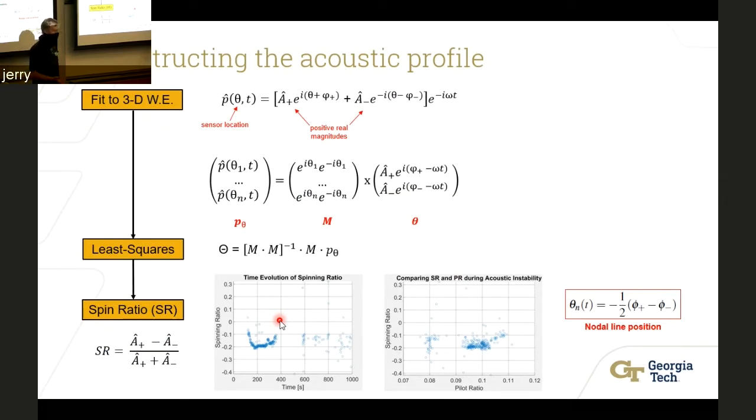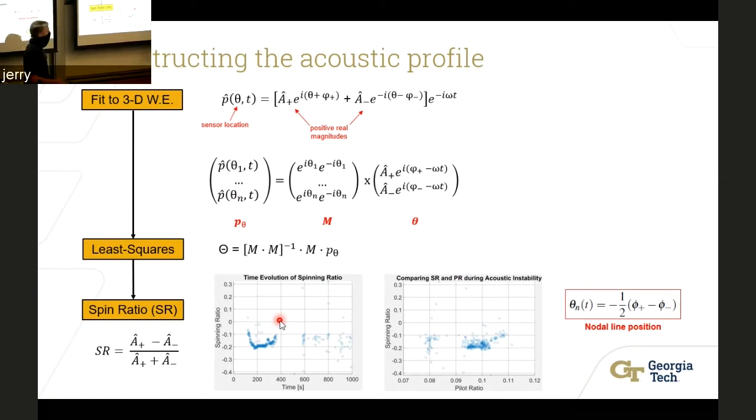The spin ratio, going one direction versus the other, is the ratio of the difference of the 2 coefficients over their sum. Based on its value, you can determine whether it's clockwise or counterclockwise: it'll be +1 if it's clockwise, or -1 if it's counterclockwise, depending on how you define your direction, or 0 if it's standing, when they compete against each other and your numerator approaches 0.